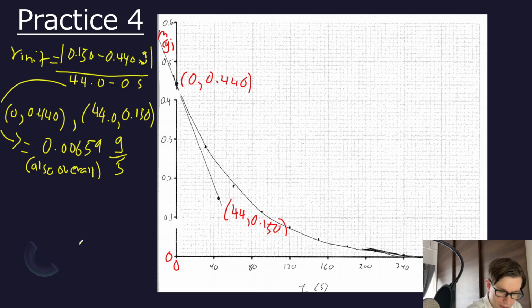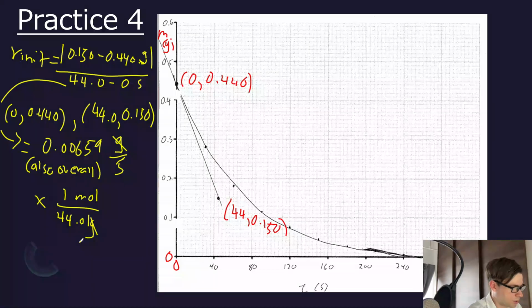I'm going to recommend that you multiply this by 1 over the molar mass of CO2. We know this is with respect to CO2. So 1 mole per 44.01 grams. This will cause our gram to cancel out. We'll have mole per second.